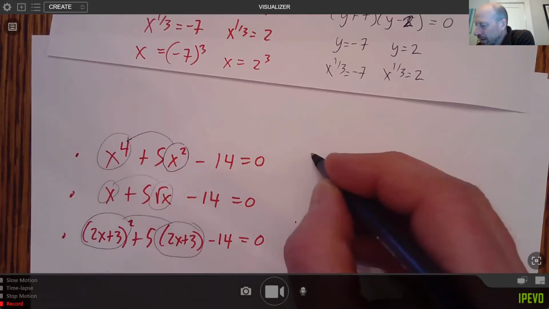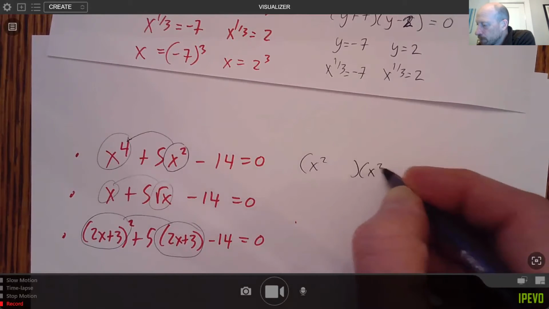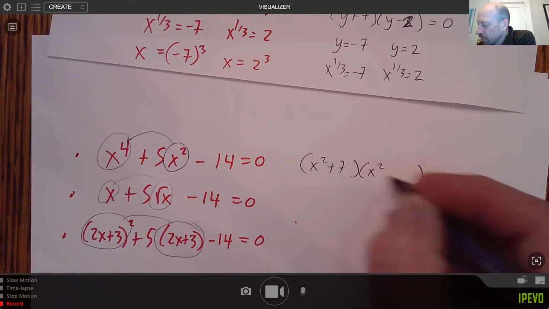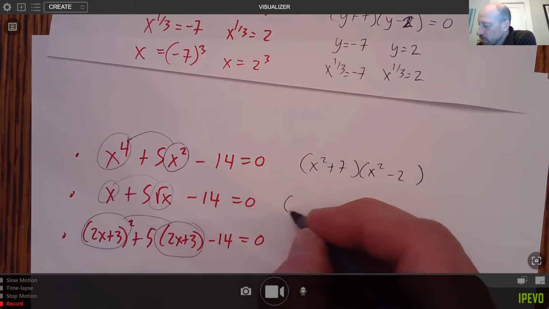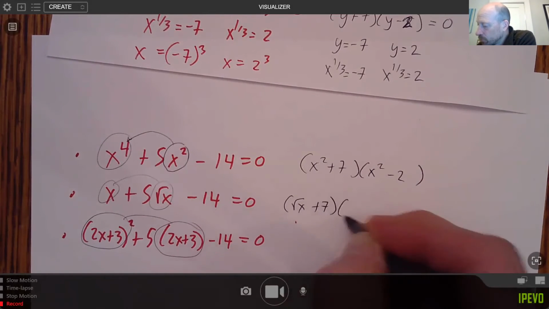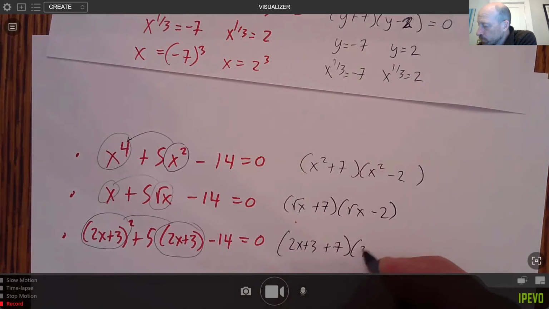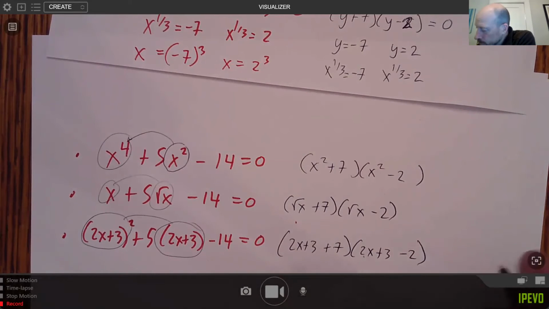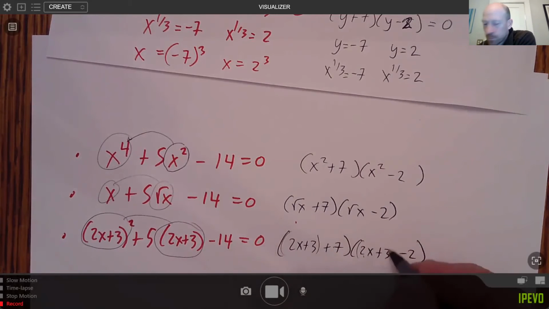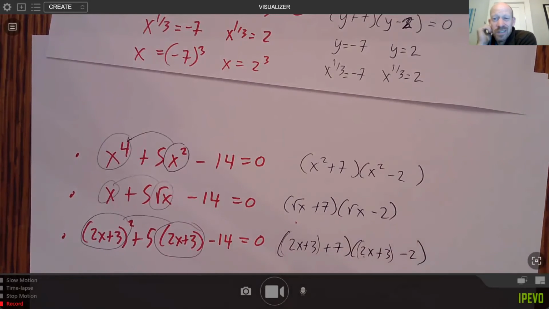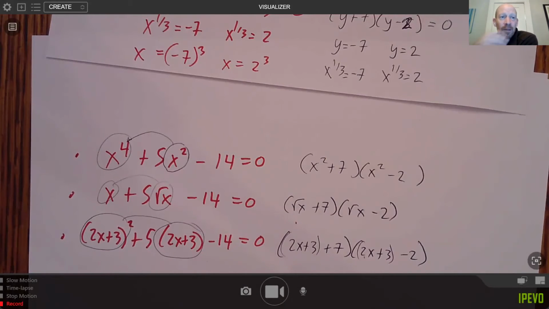This one, it would be x squared plus 7 minus 2. This one would be the square root of x. And this one would be 2x plus 3. So there's some differences, but once you see them, they really are kind of the same problem underneath.